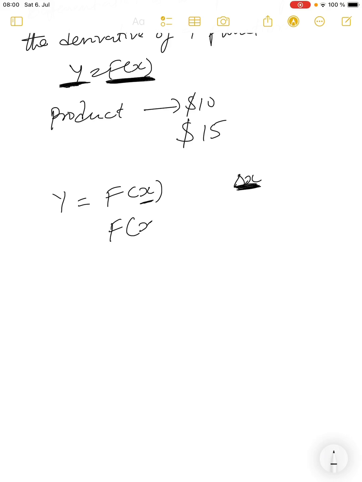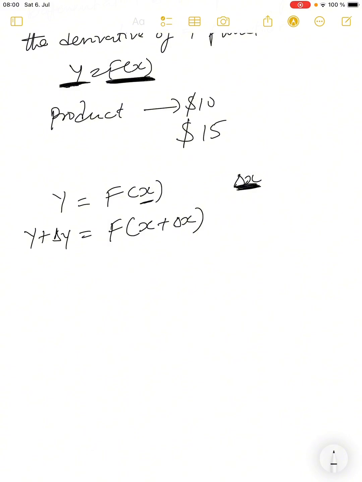If delta x has been added to x, automatically there will be a change in y, which is delta y. Of course, we are not going to write delta x, because y will still respond based on its own situation. But what is more important is that the change in that quantity, let's say the price, has affected the quantity demanded in its own way.